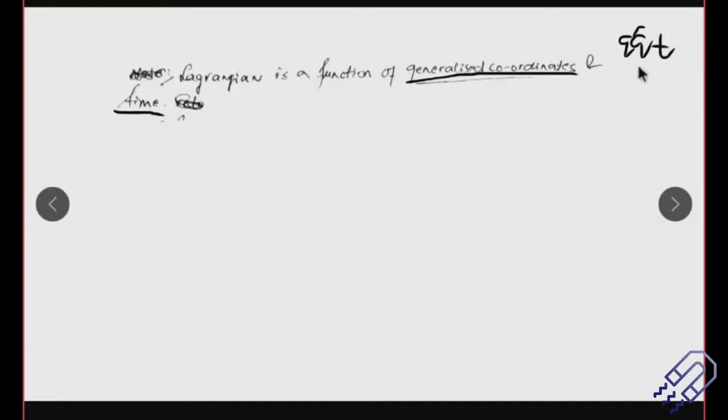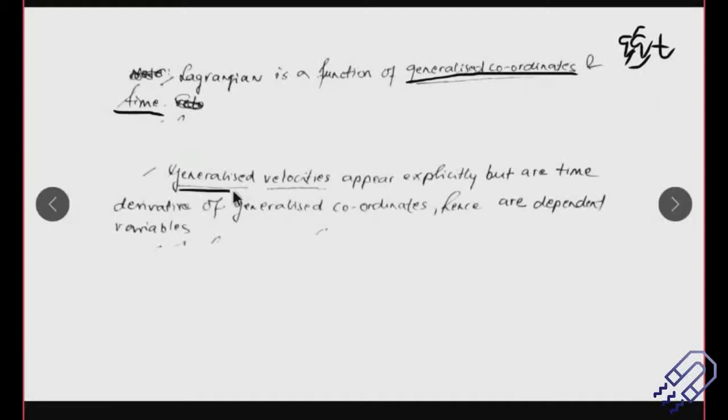So we have three variables here. You know that q dot is also dependent on q. That's why I said the generalized velocities appear explicitly, but are time derivatives of generalized coordinates.